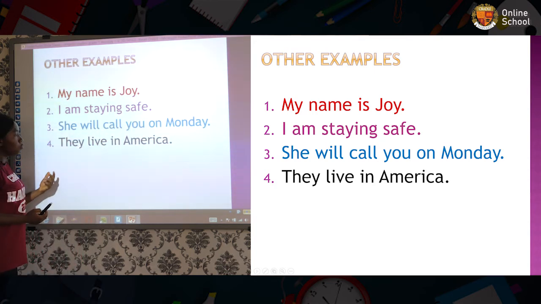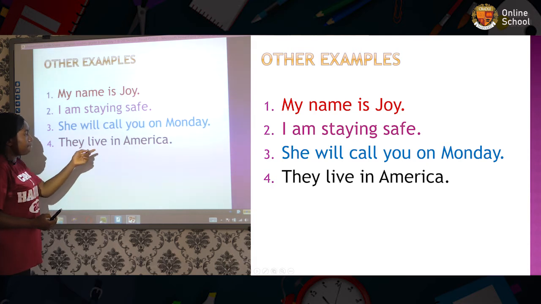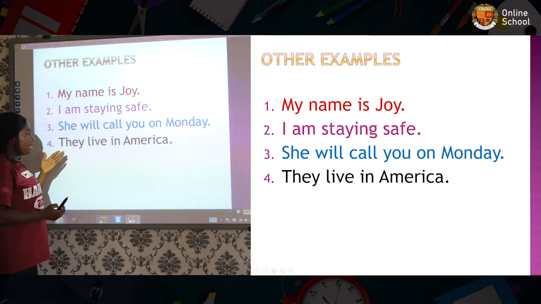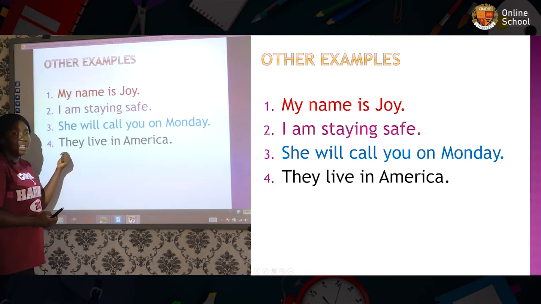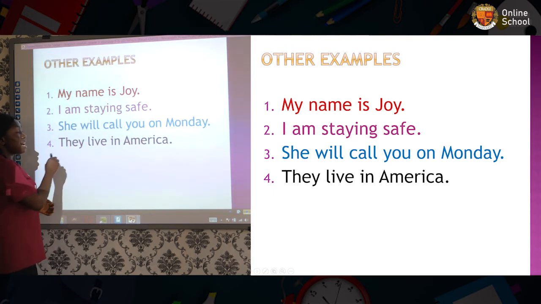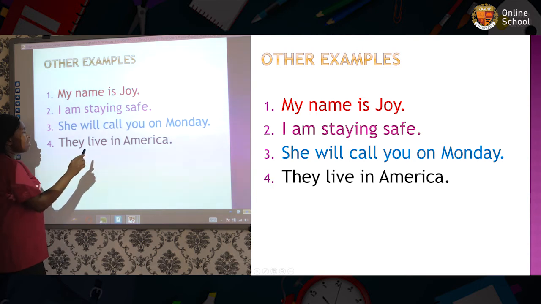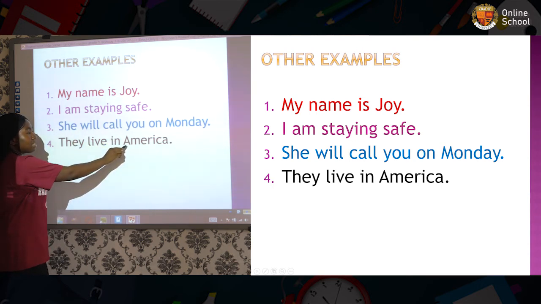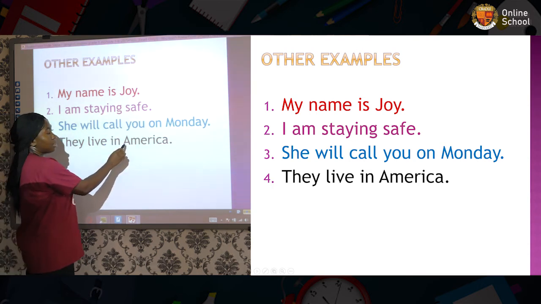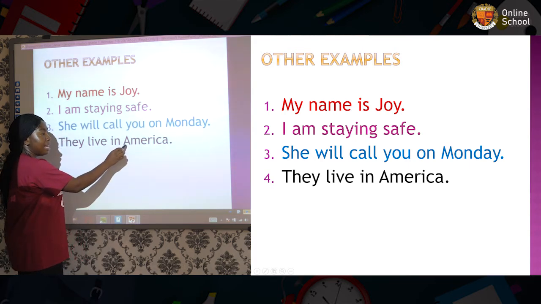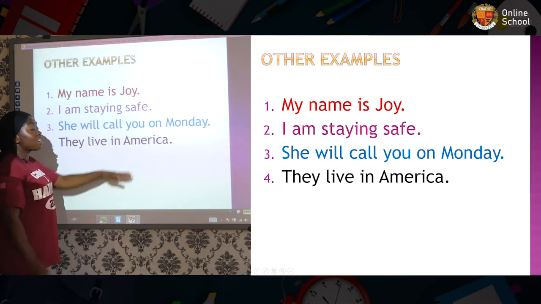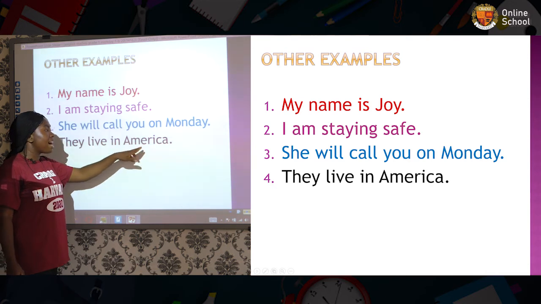And also, They live in America. If you can see, the sentence starts with what? Capital letter T. And you can see America with a capital letter A. America is the name of a place.